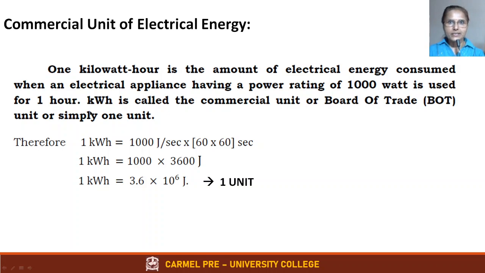So 1 kilowatt hour is called the commercial unit or Board of Trade unit, or simply 1 unit. We can write 1 kilowatt hour as 1000 joule per second into 60 by 60 seconds, or 1000 into 3600 joules, or 3.6 into 10 to the power of 6 joule. This is nothing but 1 unit.